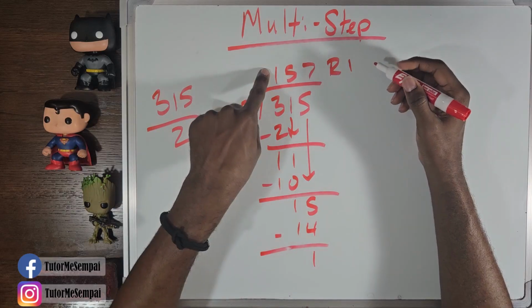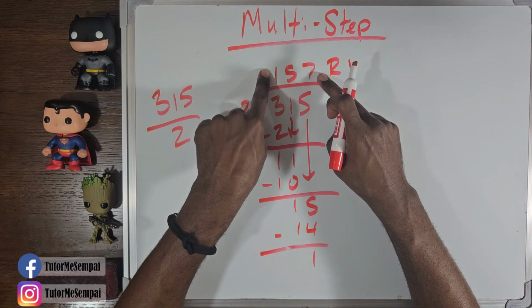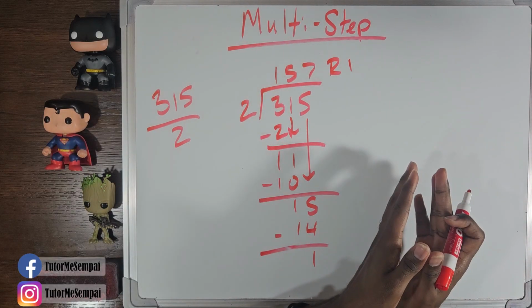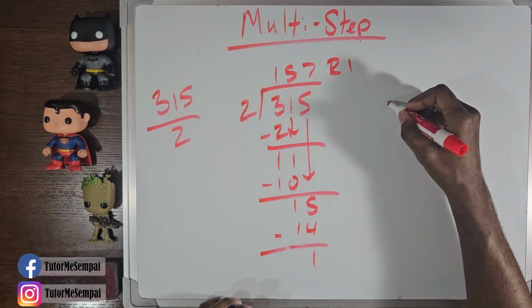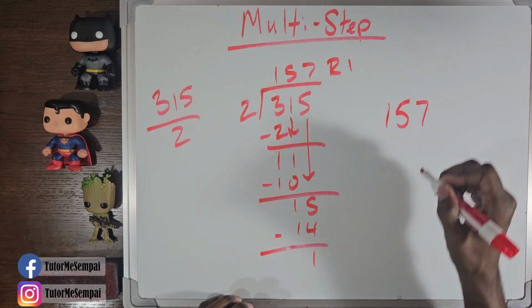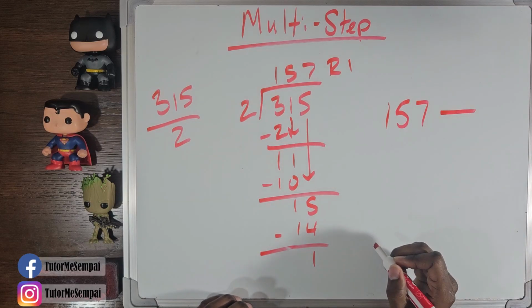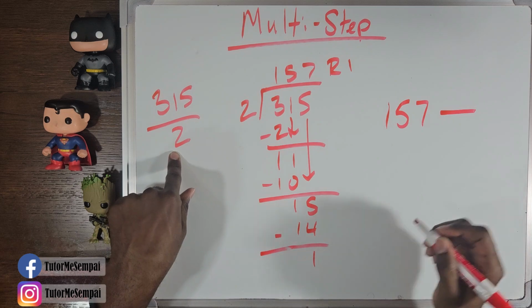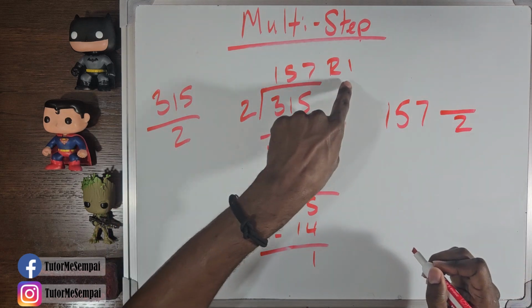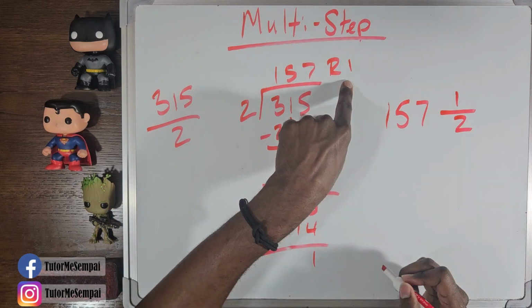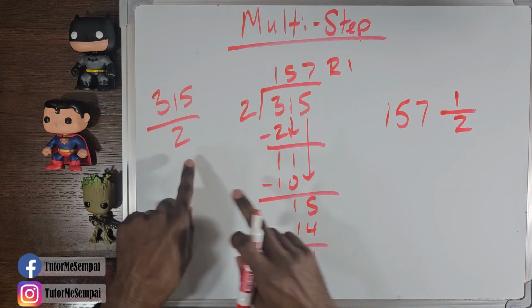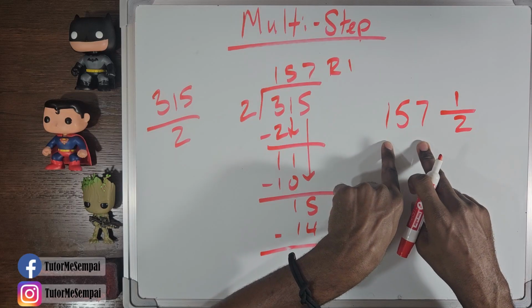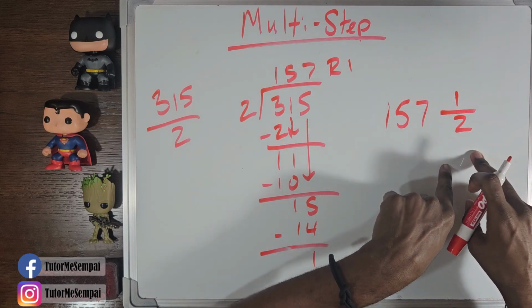Now we use this answer to create our mixed number. We already said the whole number portion of this answer becomes the whole number portion of our mixed number: 157. We're going to have a fraction. It has to have the same denominator, and you put your remainder up top. So 315/2 becomes 157 1/2.